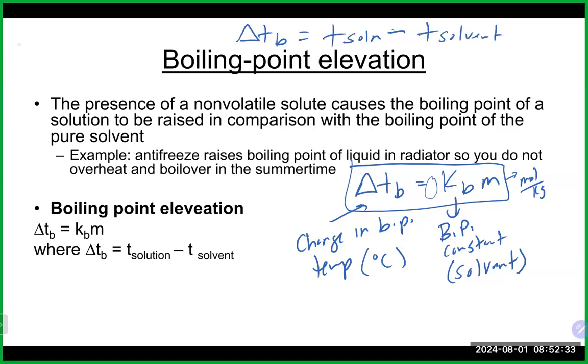Again, if we're talking about water, which you very often are in terms of the solvent, we should know that water normally boils at 100 degrees Celsius. That is the normal boiling point of water. Once again, if water is not your solvent, you will have a different Kb value, and you might have a different temperature at which it boils. Any questions on that?